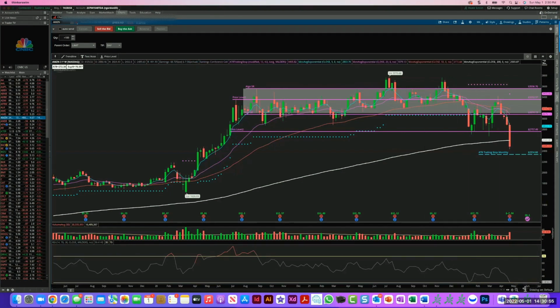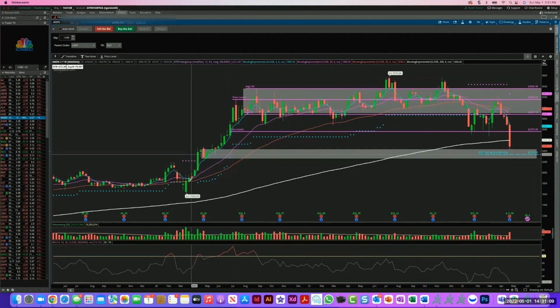All right, so looking at the weekly, if I was to try to find a mini consolidation on Amazon, I would draw it right here. Because what you see is Amazon makes this move up, then it goes sideways a little bit, and then it makes this move up.